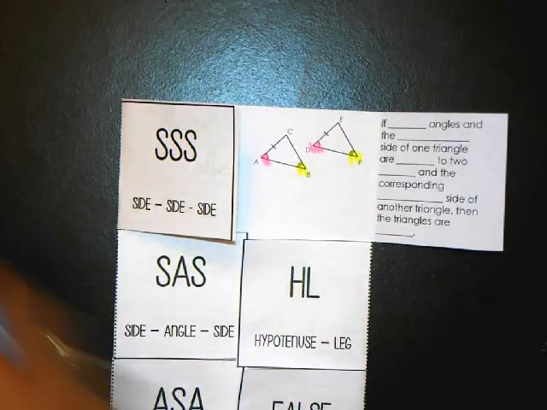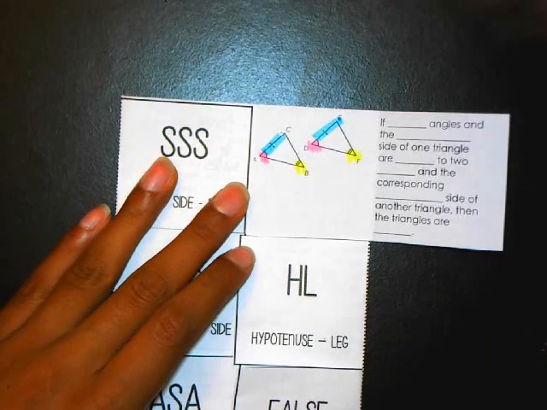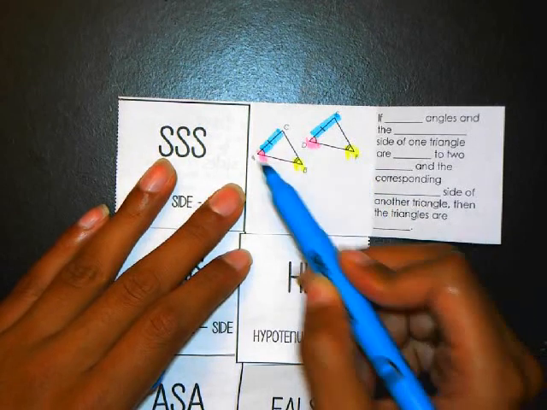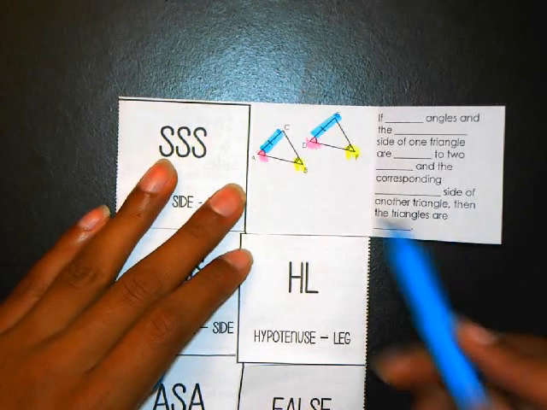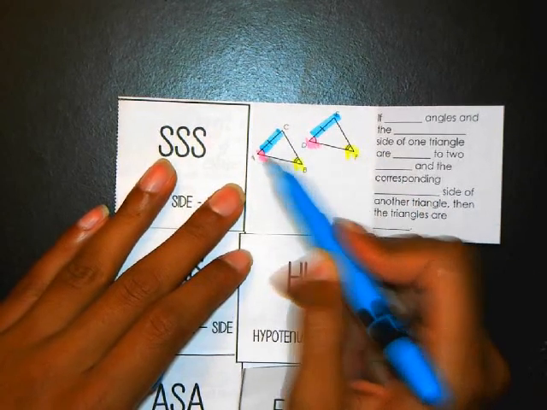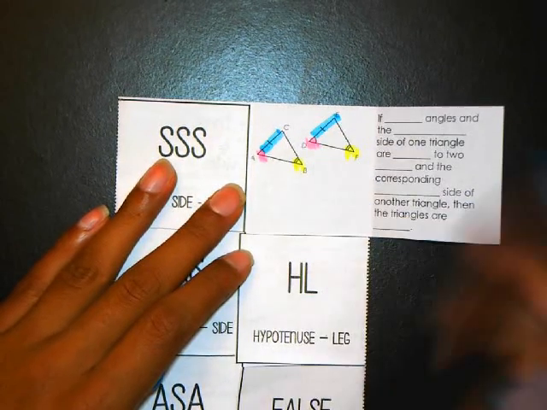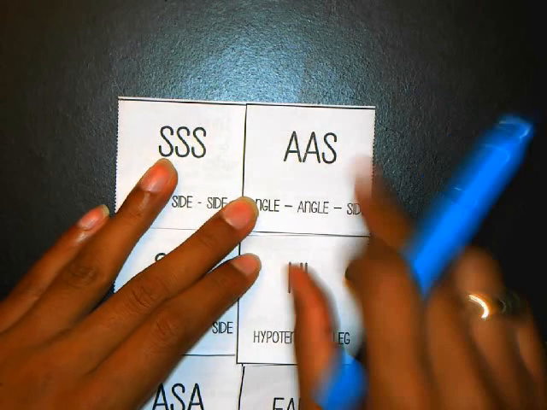Now, if you're looking at the picture, you should notice that this side is not included between these two angles. So since this side is not included between these two angles, it is excluded, which is why we put the side last, because it's on the outside of the two angles. Alright?